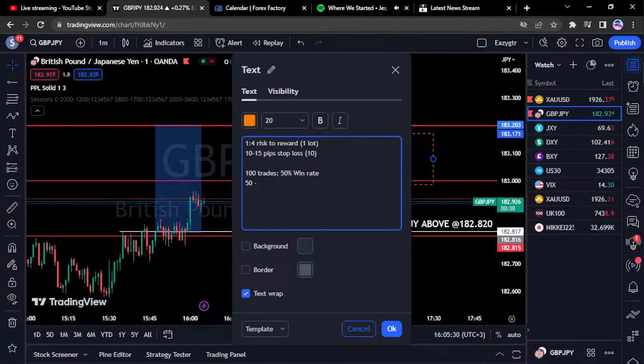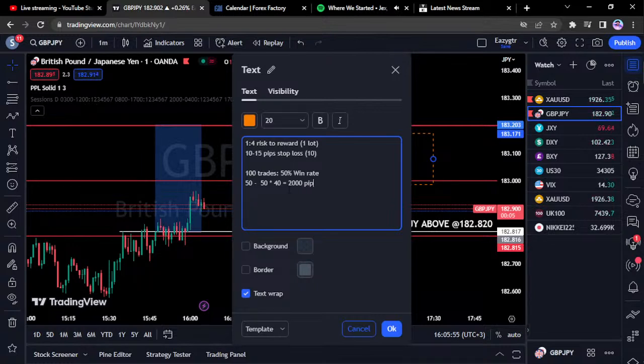So 50 trades times the 40 pips, this is going to give you, I think this is 2000 pips, right? 2,000 pips.